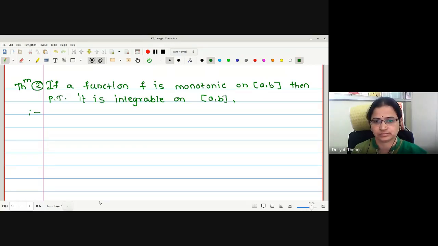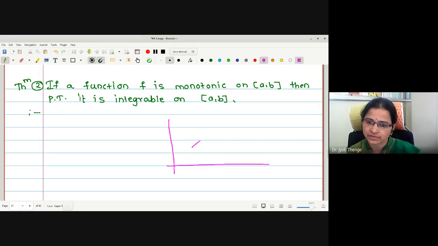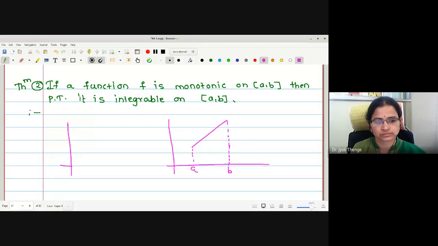If I want to tell you by graph, suppose I have this function from closed interval a to b. What kind of function is it? Whether it is strictly increasing or monotonically increasing? That's why I have asked you whether you know the difference between monotonically increasing and increasing.